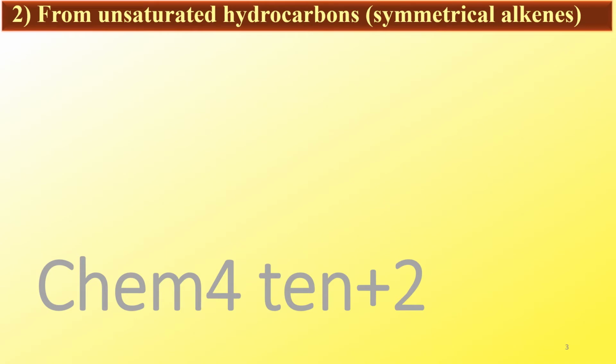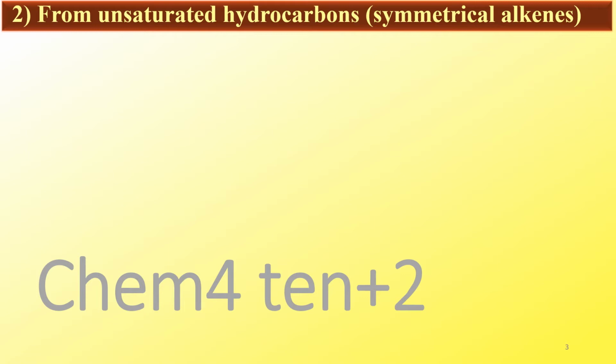Dear students, in this reaction we are going to see addition of hydrogen halide to alkenes. Here alkenes are unsaturated hydrocarbons. Let me clarify here that the unsaturated hydrocarbons are of two types.